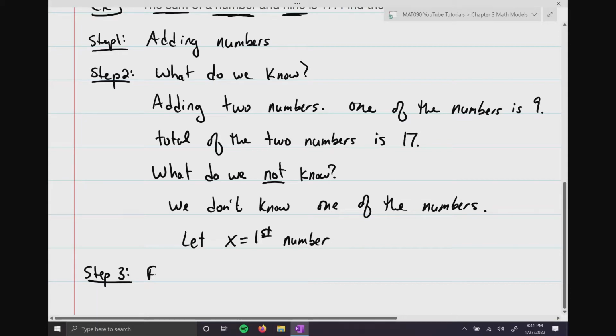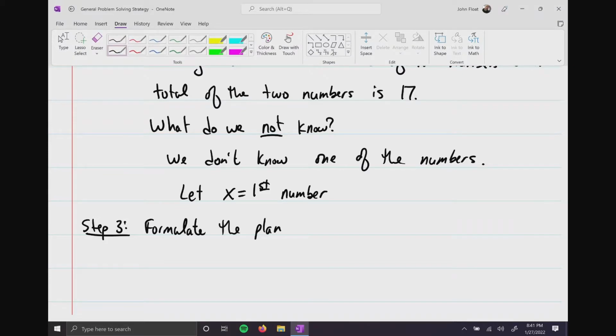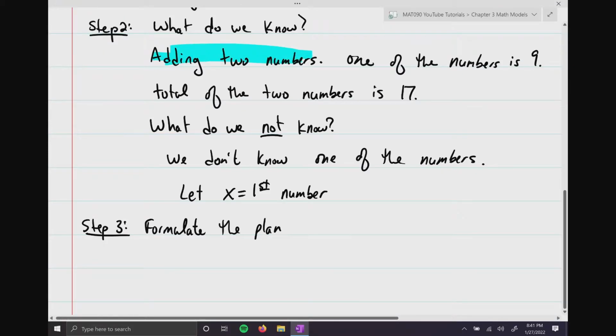Okay? So now in step 3, we can go ahead and formulate a plan. We're going to be creating our own equation here. We know, and I'm going to use my highlighter here, we're adding two numbers. One of the numbers is 9. The total has to be 17. And we don't know the first number.